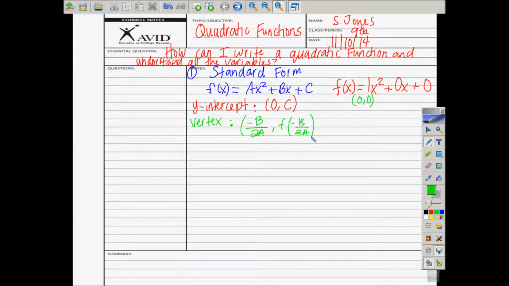You'll plug in your variables into the vertex rule. You need it in parentheses. Good call there. Okay? So, the vertex x can be identified by using negative b divided by 2a, and then from whatever I get from this, I plug back into the function to find my y.